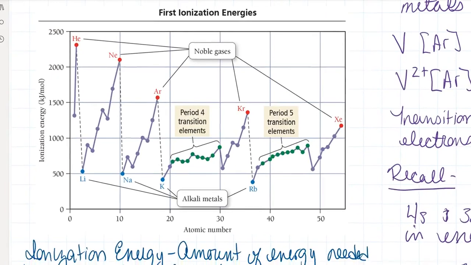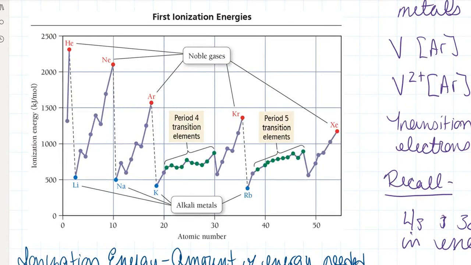We can do this by a technique called X-ray photoelectron spectroscopy. And what we'll notice is that our first ionization energies, the noble gases, are the highest values of each period.